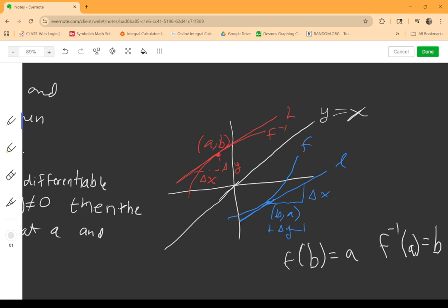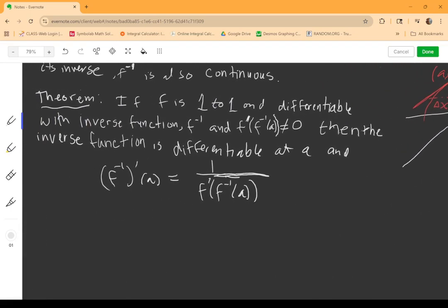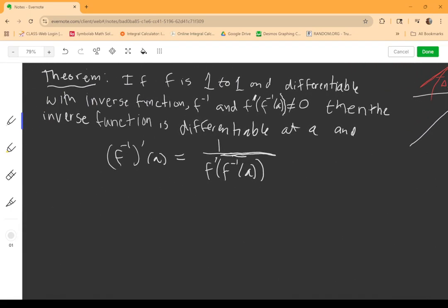So you can essentially find the derivative of f, evaluate it at that point b, and then just take the reciprocal of it. And then you have the value of the derivative of the inverse. So I don't even need to go through the trouble of finding an inverse and then taking the derivative of that. So here, let me work through, first of all, the proof of such theorem.